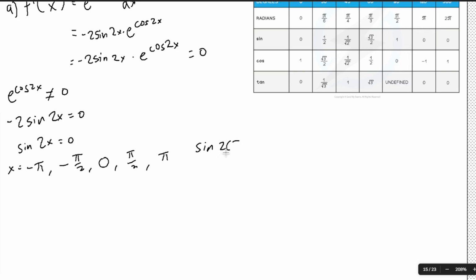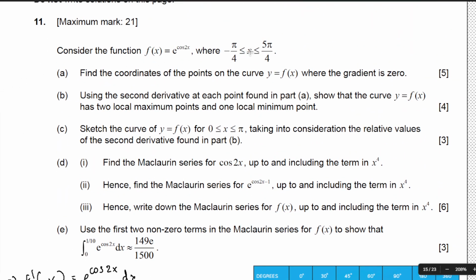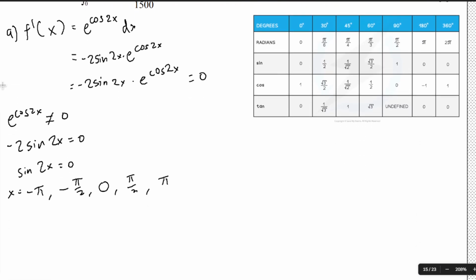And for sine 2 pi, as we can see over here, sine 2 pi is 0. But we have to look here. Our values have to be within minus pi over 4 and 5 pi over 4. So both these will not work.